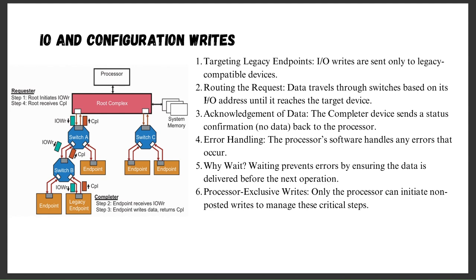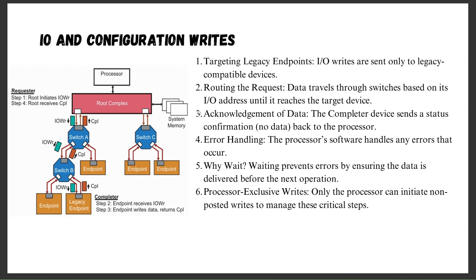First step, targeting the legacy endpoint. An IO write can only be sent to a device designed to work with this type of communication. Routing the request: the data travels through a network of switches based on the IO address until it reaches the target device.